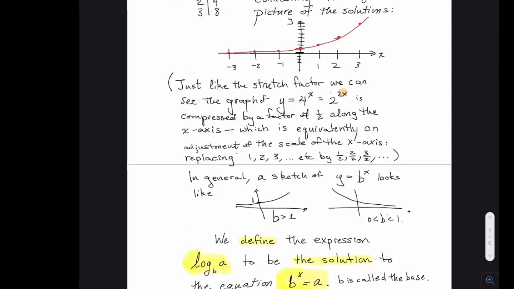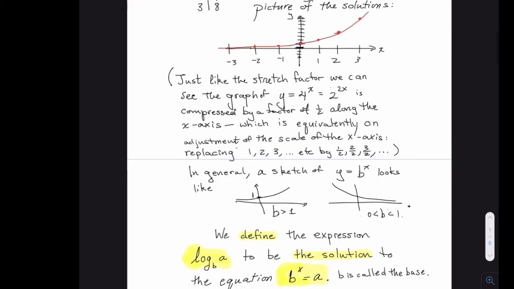The reciprocal is 1/2. The compression factor is 1/2, which is equivalent basically to replacing the tick marks 1, 2, 3 by 1/2, 2 halves, 3 halves. The graph of y equals 4 to the x looks just like the graph of y equals 2 to the x, except for the tick marks on the x-axis, or that it's compressed in the x direction.